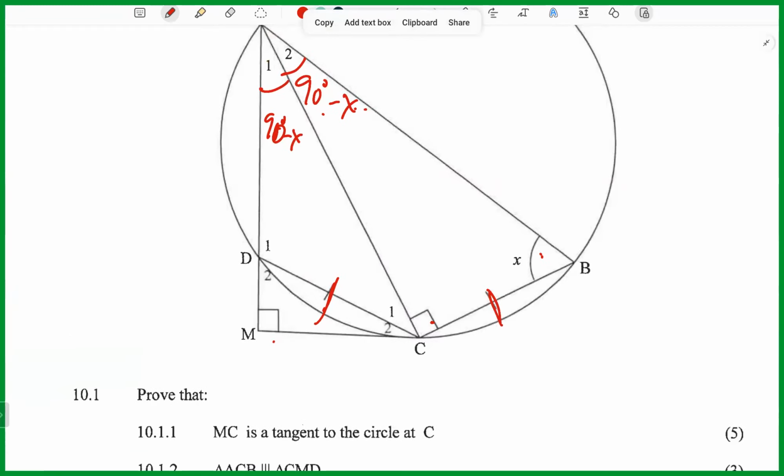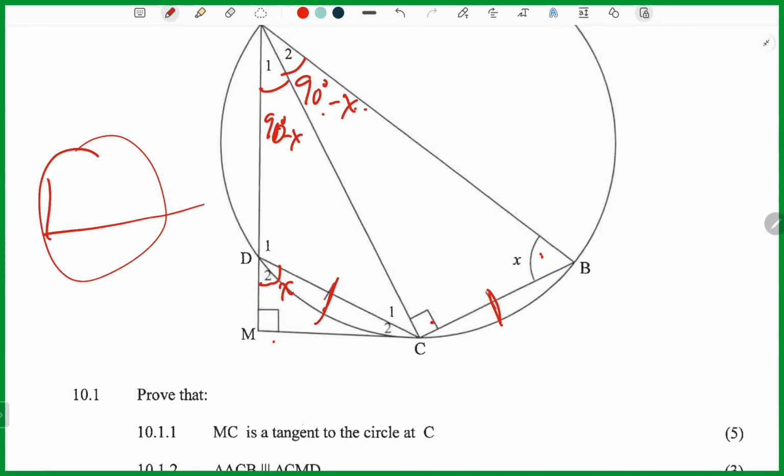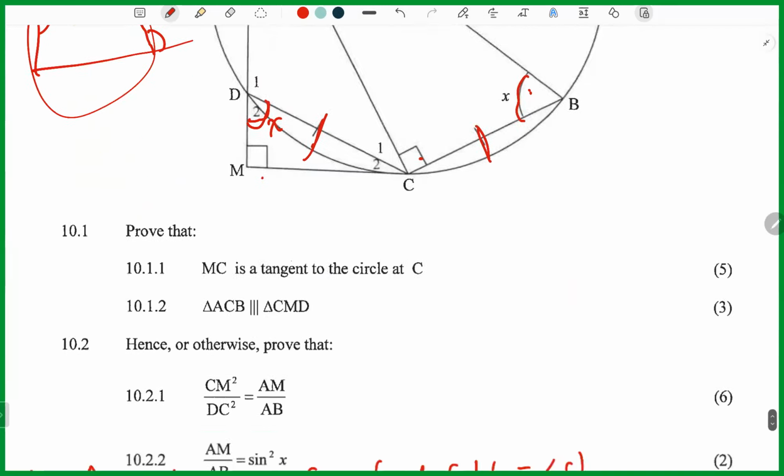But also now angle D2 is equal to x. Realize that angle D2 is equal to x, exterior angle of cyclic quad. Because if you have this here, this angle is equal to this. Right, so it's exactly the same situation. So D2 is equal to x, right?